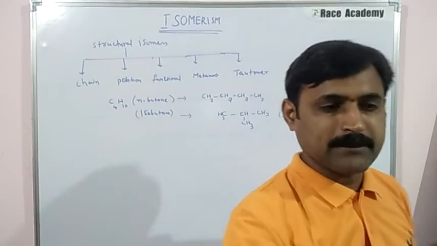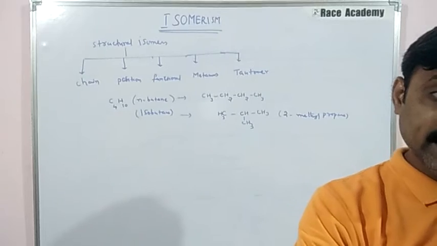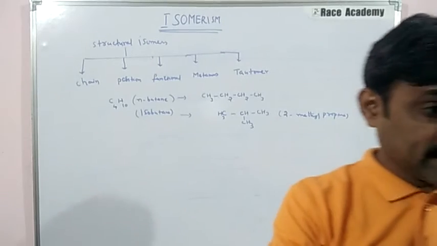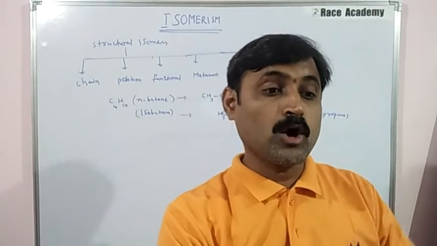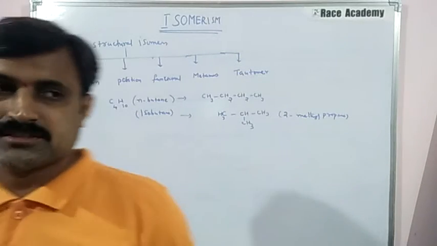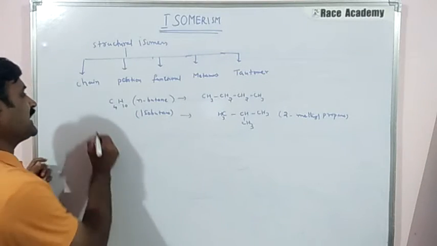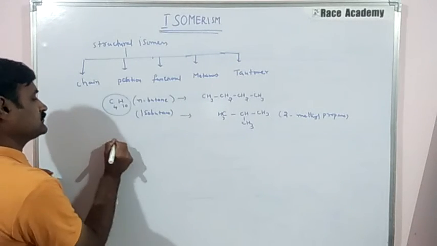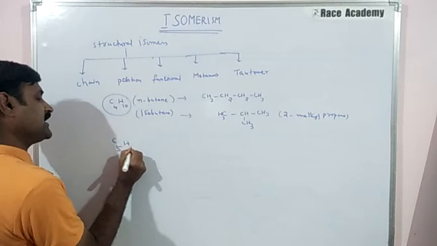Likewise, we can write pentane, hexane, and even double bonded compounds. Suppose I take an example, C5H10.